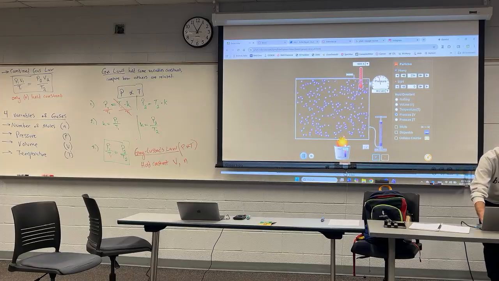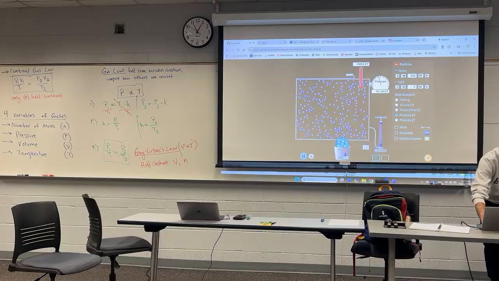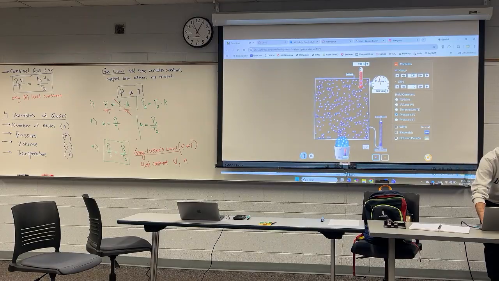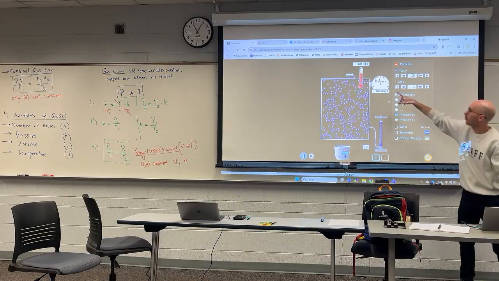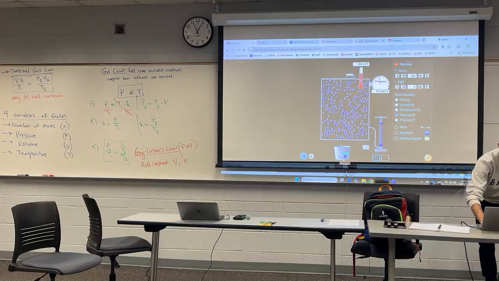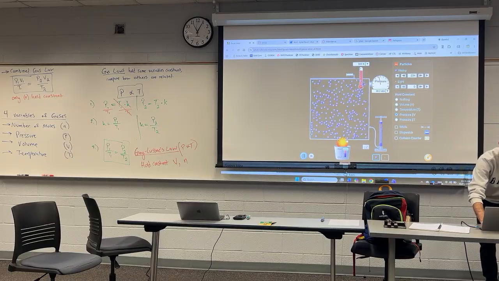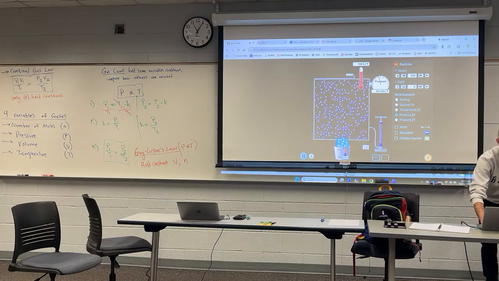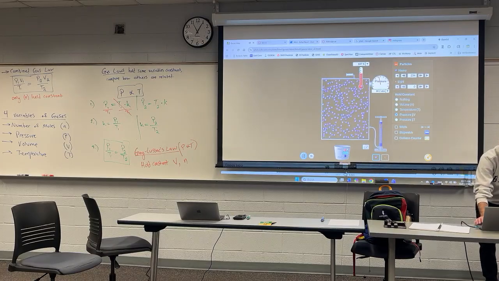Good work. Increase the temperature, increase the volume. Decrease the temperature, decrease the volume. Notice how the pressure gauge is staying still this whole time. I'm keeping the pressure constant, but I am changing the temperature, which results in the volume changing.